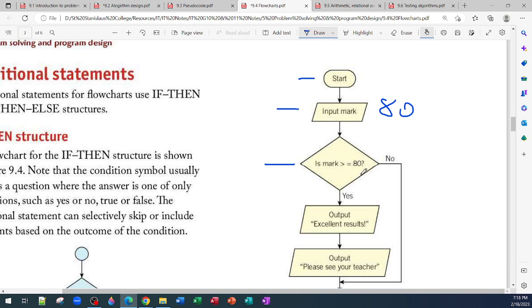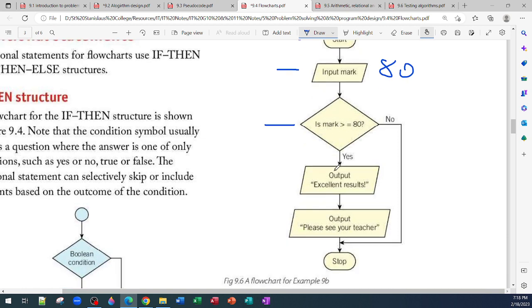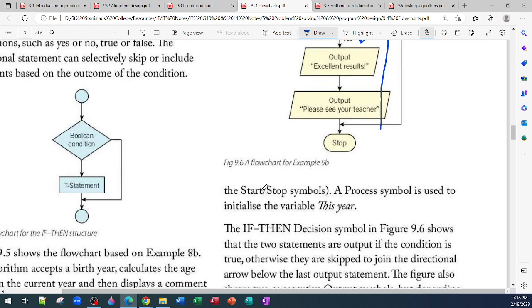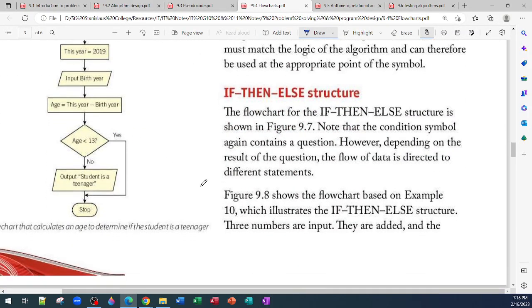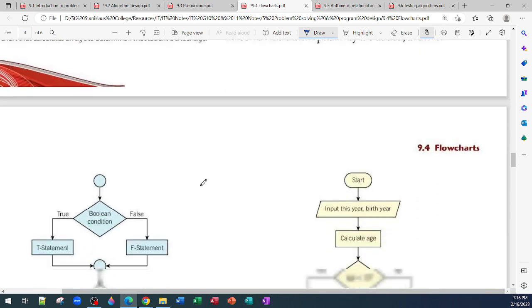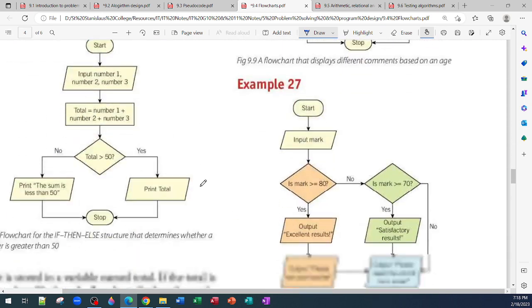You try to figure out what's happening at the shape. This is a condition. Is 80 greater than 80? Yes. So we come down here, we ignore this part here, and we go down. We follow the line. So it's just as simple as reading what's happening in the boxes and following their instructions.